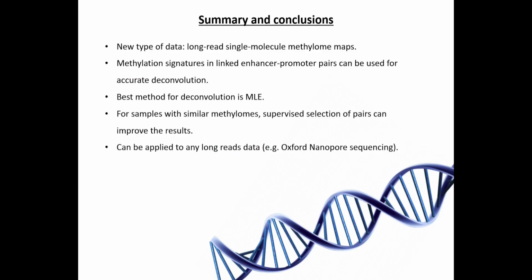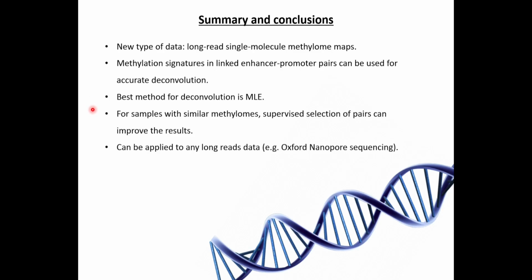To summarize, long-read methods are emerging technologies that yield new types of data. Single-molecule methylome maps is one of them. Methylation signatures in linked enhancer-promoter pairs can be used for accurate deconvolution of a binary mixture. The best method for deconvolution was shown to be maximum likelihood estimation.